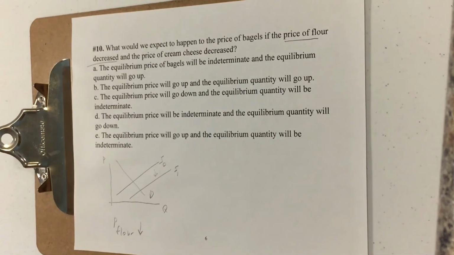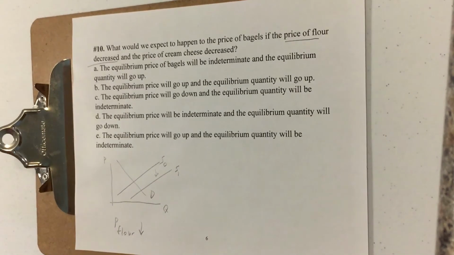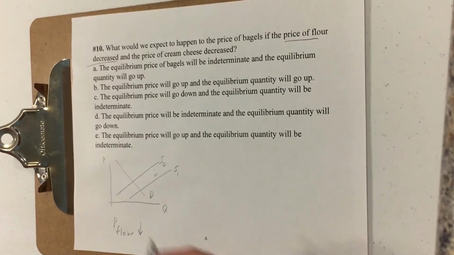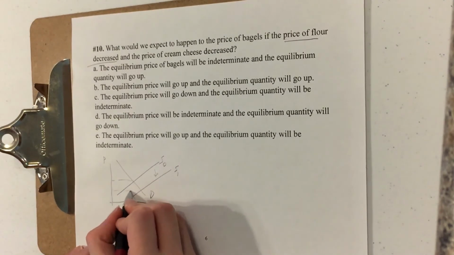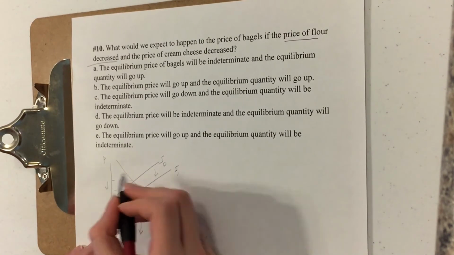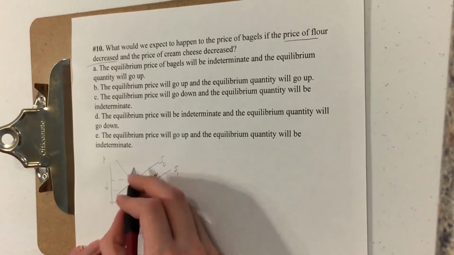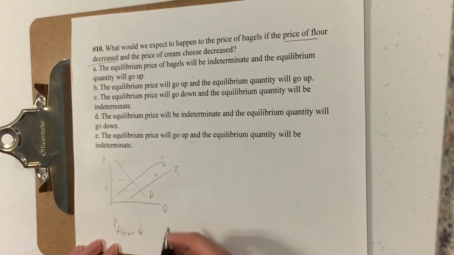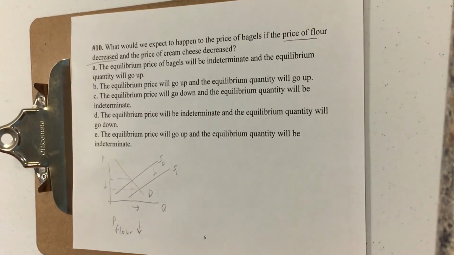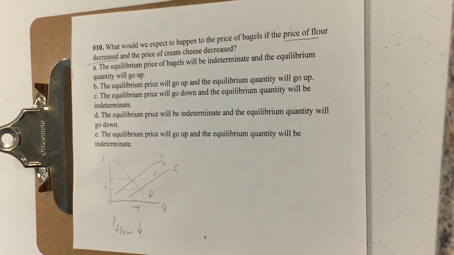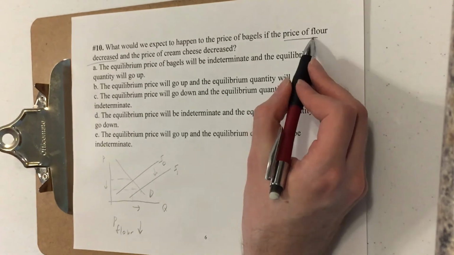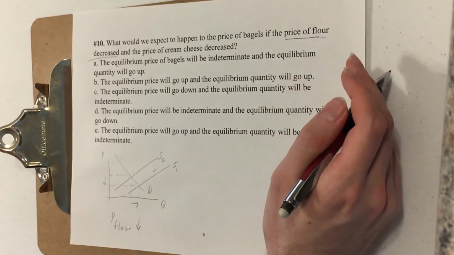So now producing extra bagels can be worthwhile because it's cheaper to do it than it was in the past. So that shift on its own tends to decrease price. It would also increase quantity. So that's our first shift.